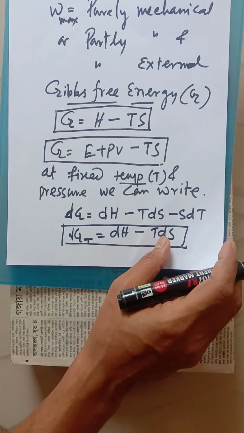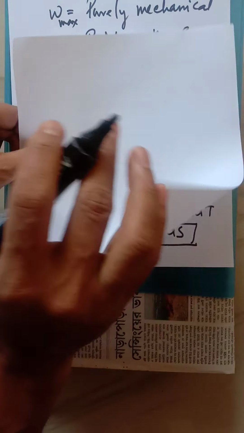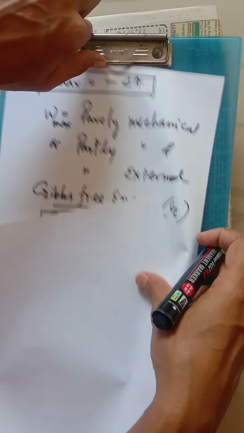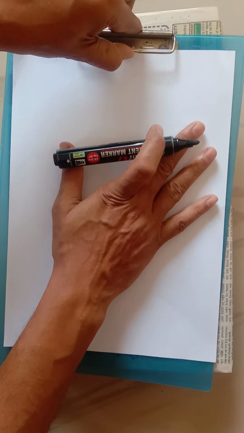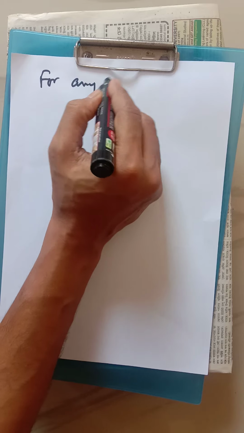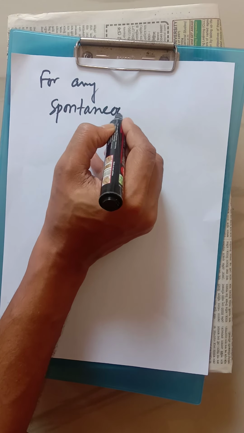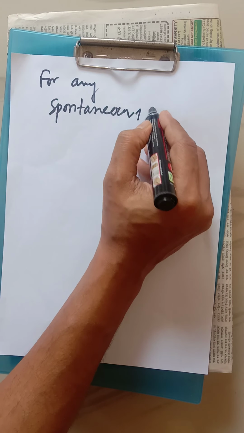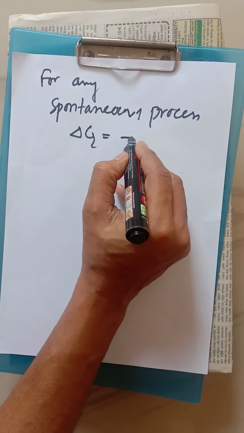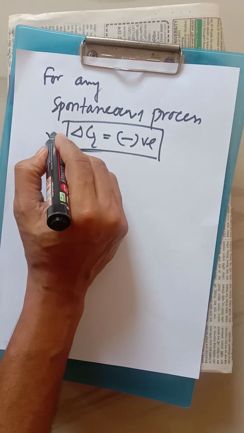Here we have to remember that for any spontaneous process, delta G must be negative. This is a very important part.